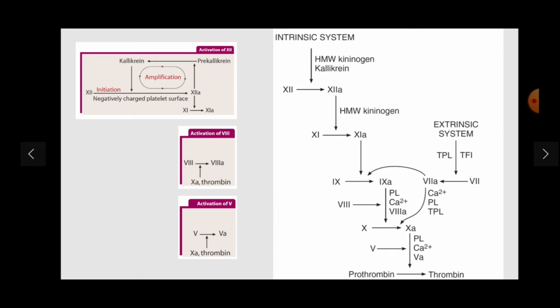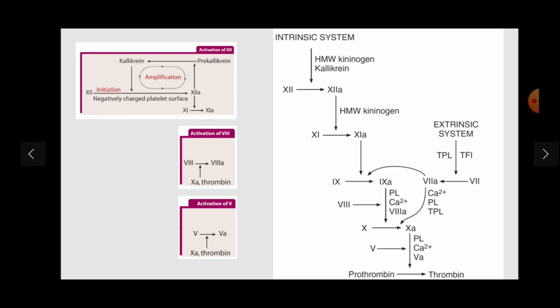Factor 9, along with factor 8, activates factor 10. In both the intrinsic as well as the extrinsic pathway, activated factor 10 along with activated factor 5 and calcium forms the prothrombin activator complex, and the prothrombin activator complex converts prothrombin into thrombin.